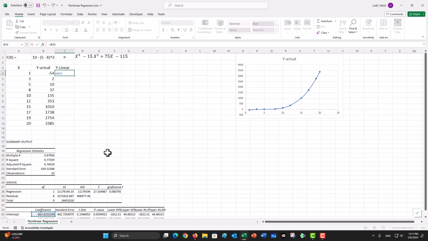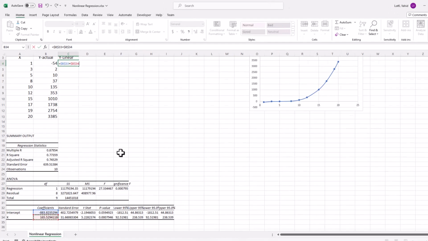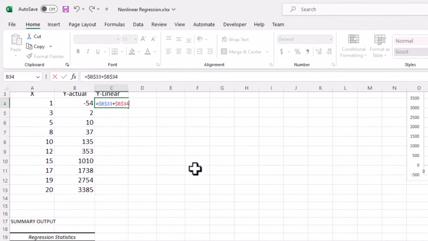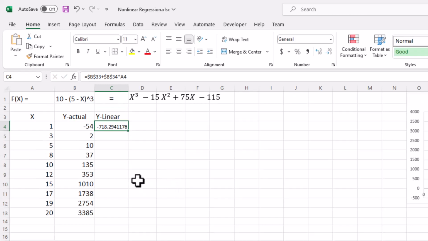We'll make sure that it's an absolute value, plus the coefficient, which is here. Again, we make sure that it's in absolute value sense, multiplied to the x value, which is here. And that is going to give me the predicted value for x equal to 1 based on linear regression.